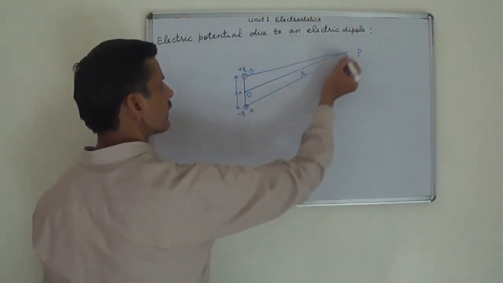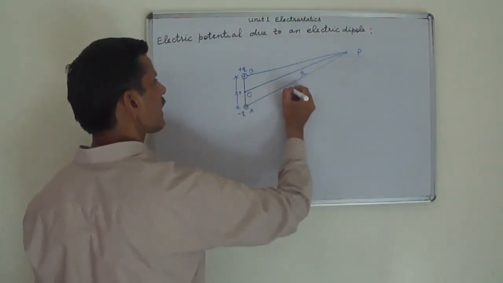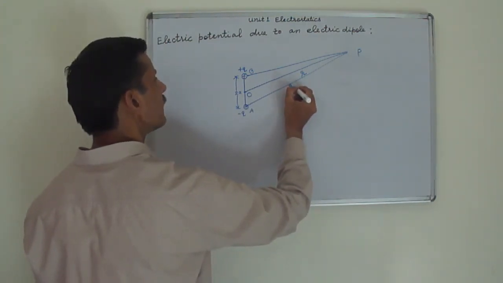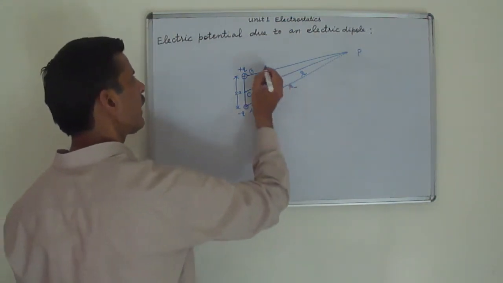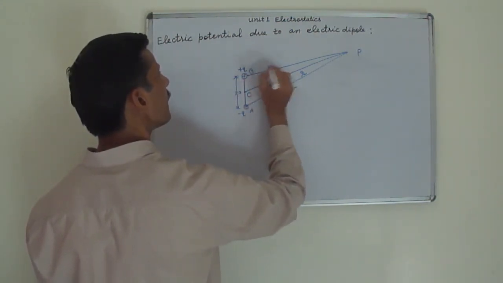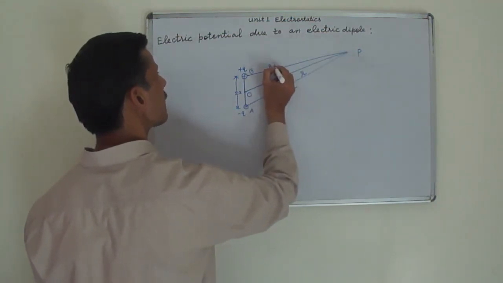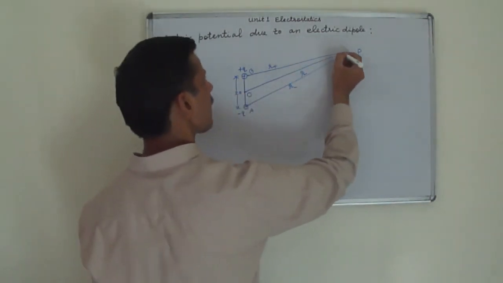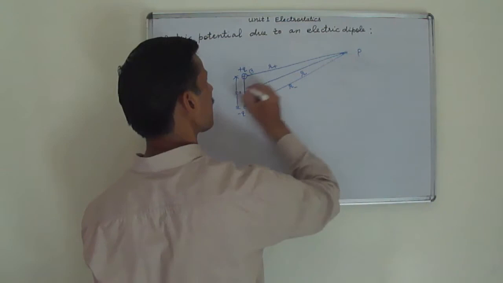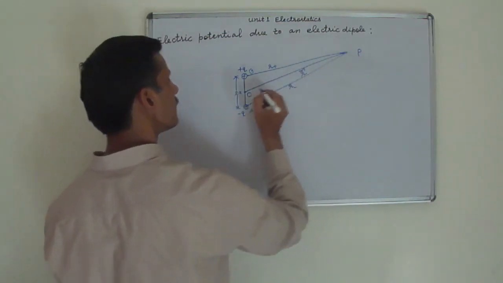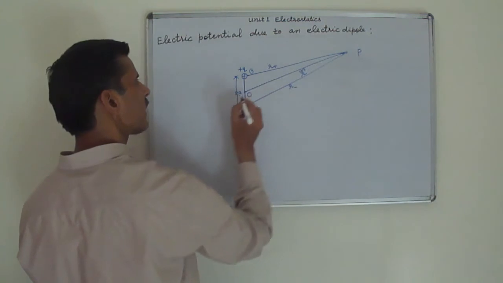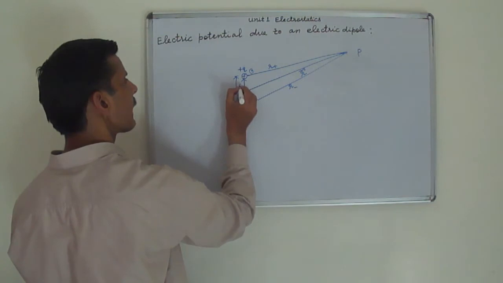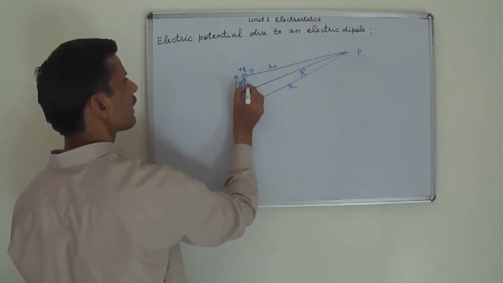And say this distance of point P from minus q charge is r minus, and distance of point P from plus q charge is r plus. And angle between position vector, say this vector is r, angle between position vector of point P and dipole moment vector of the dipole is angle theta.